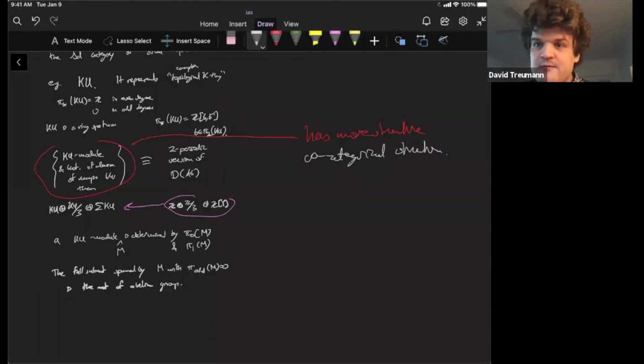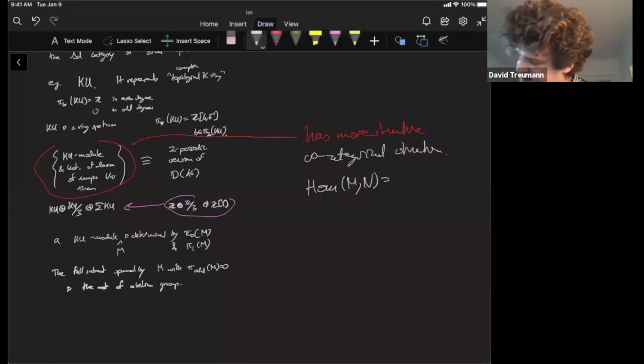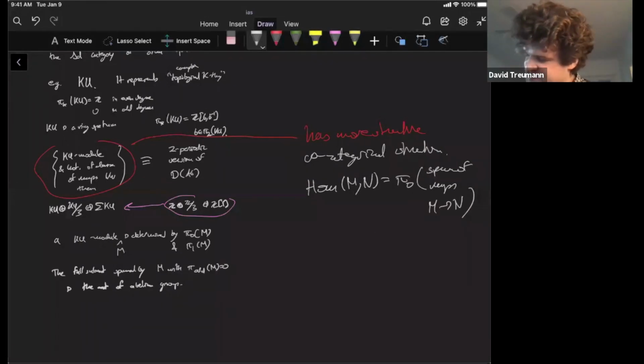The maps from one module to another, it's the set of connected components of some space of maps from M to N. And each component of this space of maps is some relative of the stable unitary group or the stable Grassmannian.